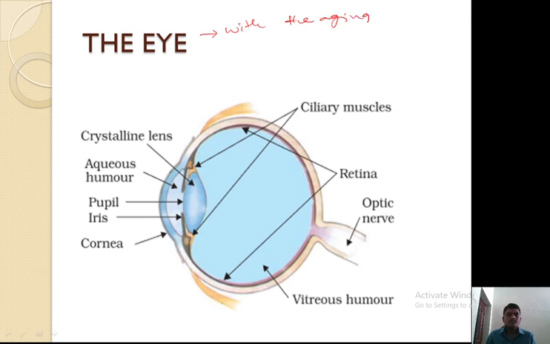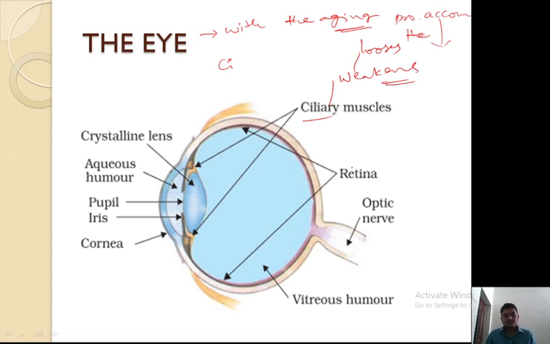With aging, the ciliary muscle weakens, so it loses the property of accommodation and cannot adjust its focal length after a certain age. There are also certain reasons for the failure of accommodation at smaller ages.